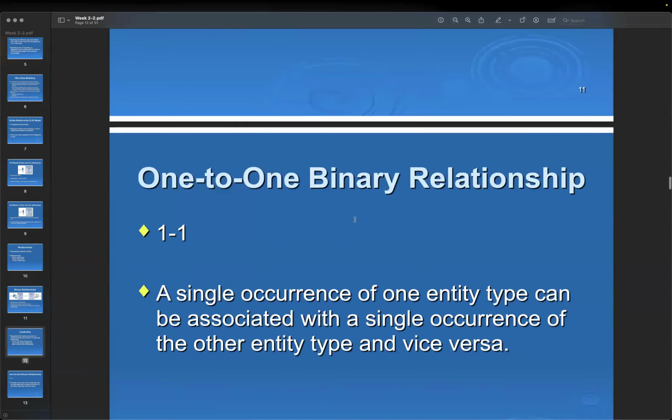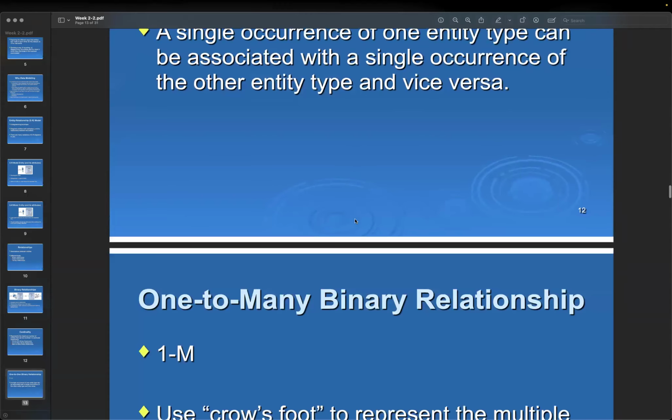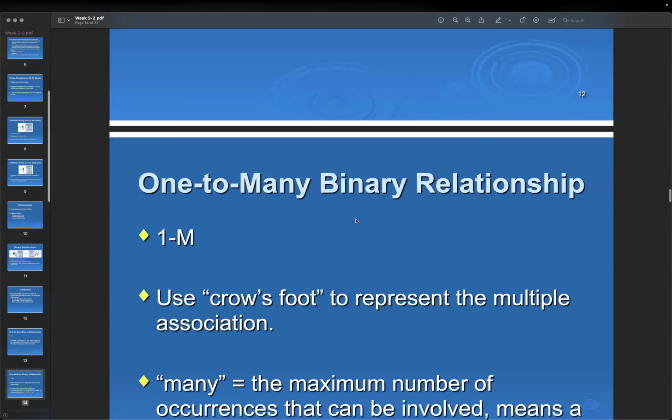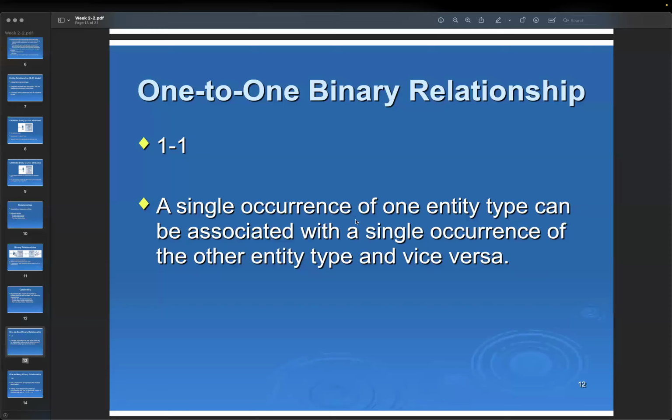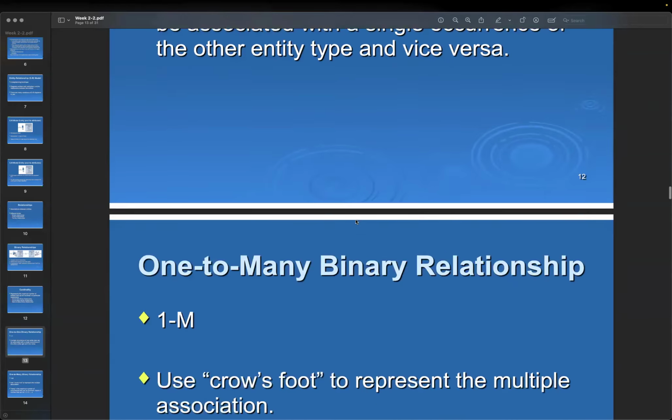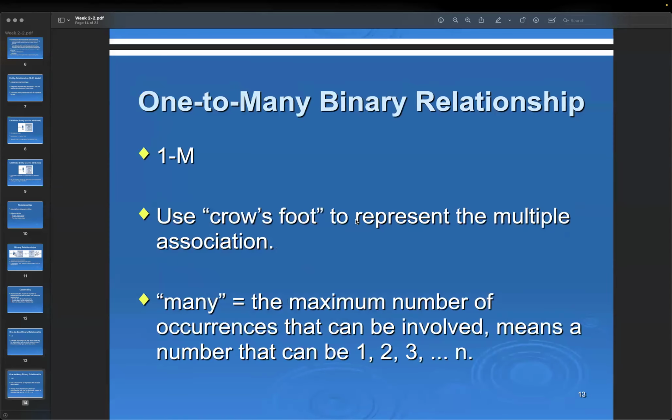And if it's just one, then it can be a one-to-one relationship. At this moment, you just need to remember what one-to-one is for the binary relationship. And then one-to-many, which they call the crow's foot, or later we have another way to present it.